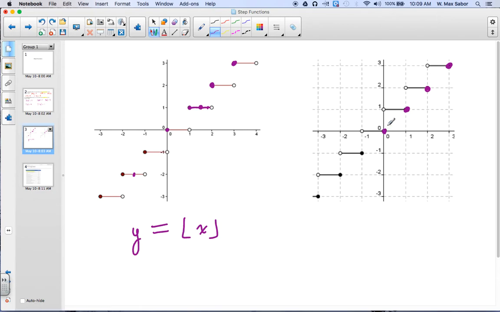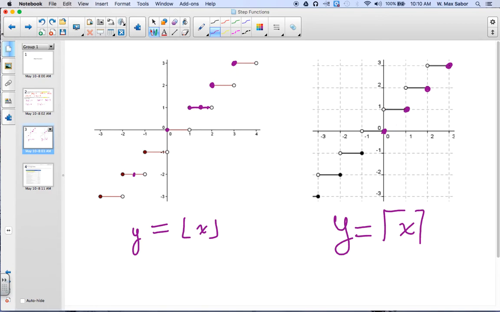This is because, when we have the ceiling function, a half has to be rounded up to 1, or a quarter has to be rounded up to 1. So they look very similar, but this one has the open circle on the left because 0 is the largest number that rounds up to 0. And then once we start doing the decimals between 0 and 1, those all round up to 1.